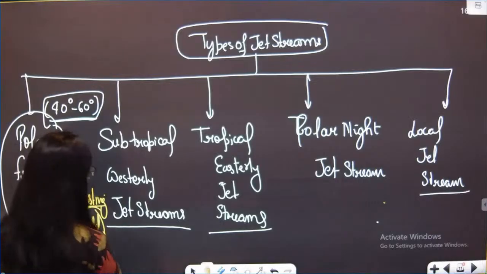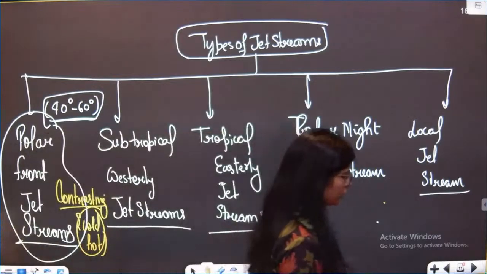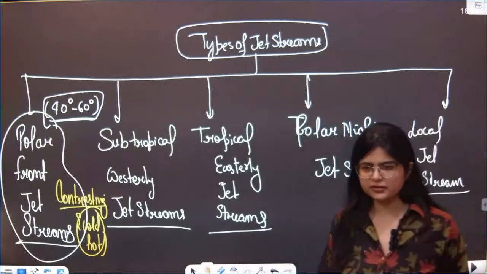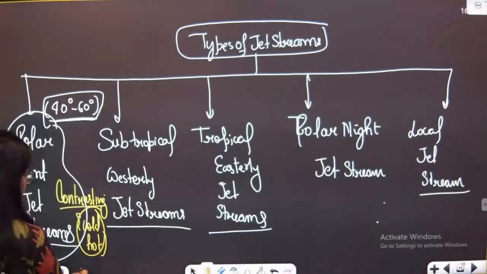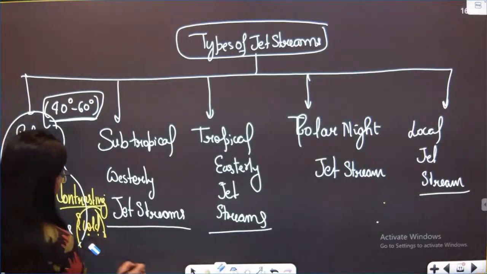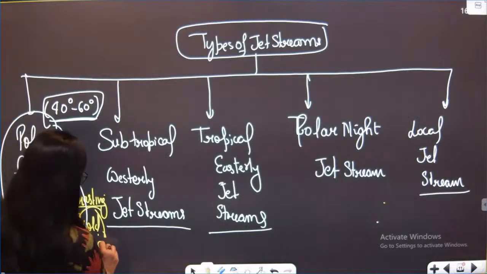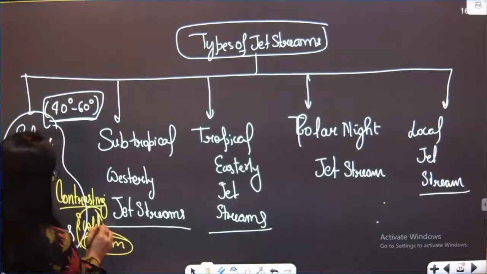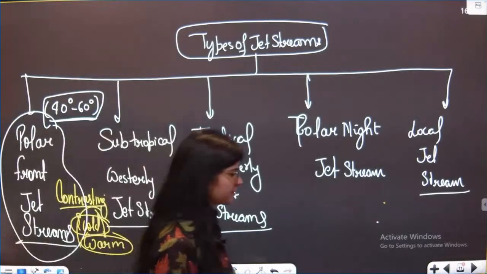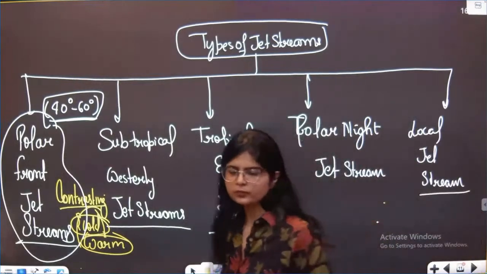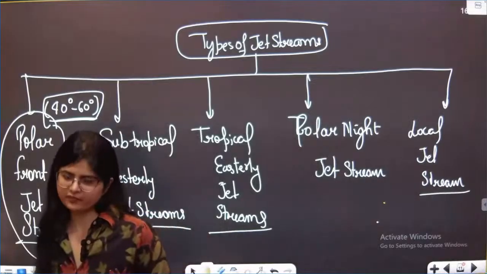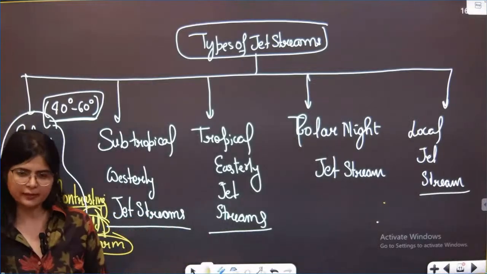Can you tell me how the cold and warm contrasting air masses are present in that area? Better you write warm. Can you tell me how cold and warm air masses are present there? Very good. So what is happening?